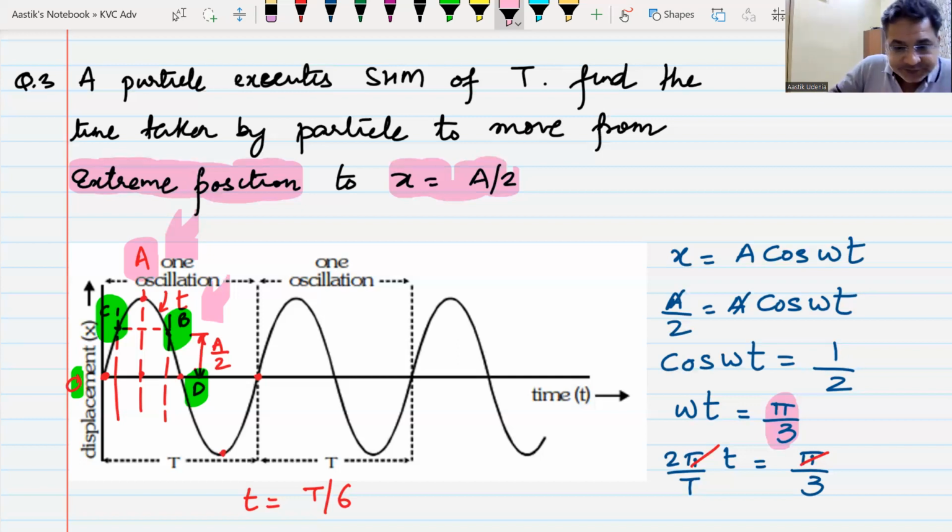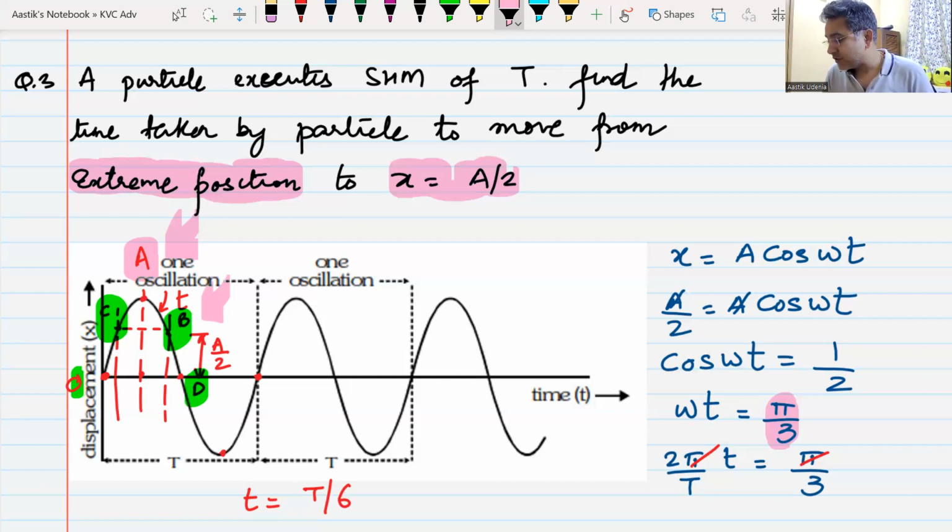Yes, my dear bacha. Any hope? Sir, it is T by 12, sir. It is T by 12.